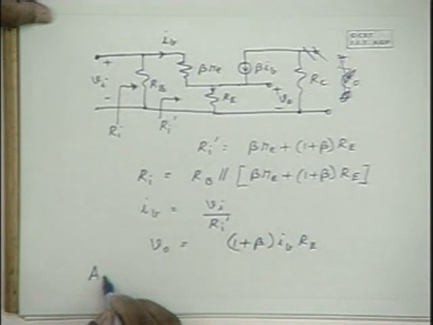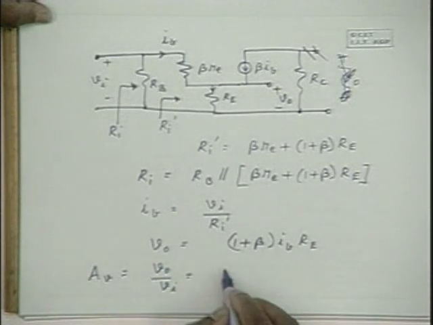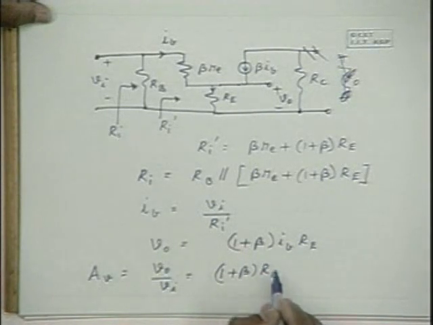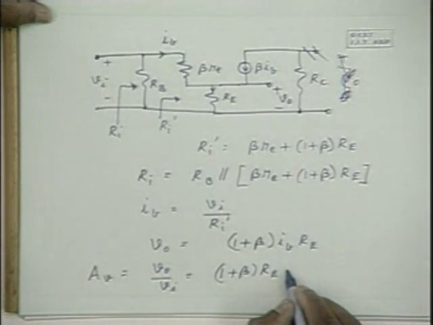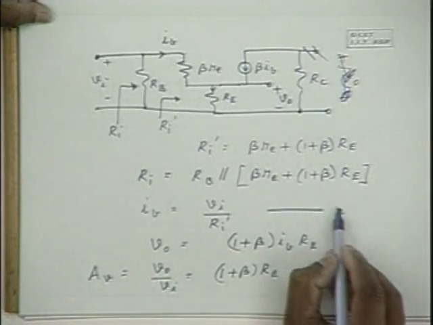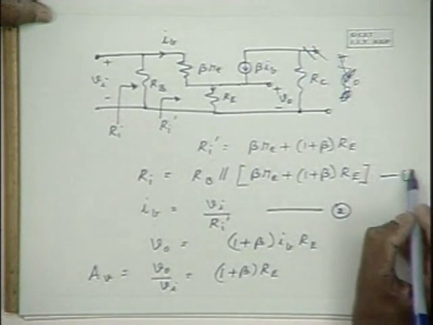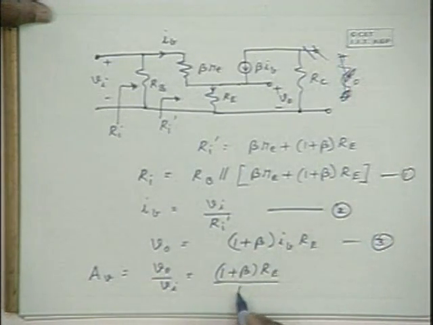Now from this we can get the voltage gain V0 by Vi as equal to 1 plus beta into Re into IB divided by Vi. And now if you substitute this expression here, in this expression, you will get 1 plus beta Re divided by Ri dash as the voltage gain.